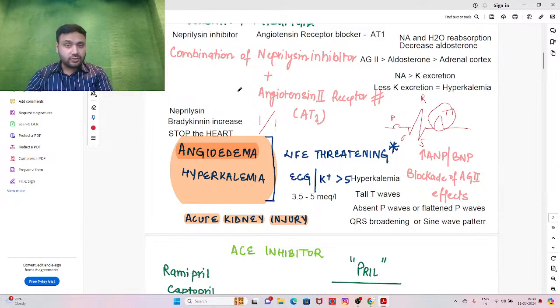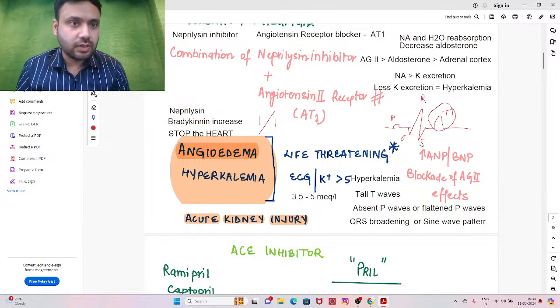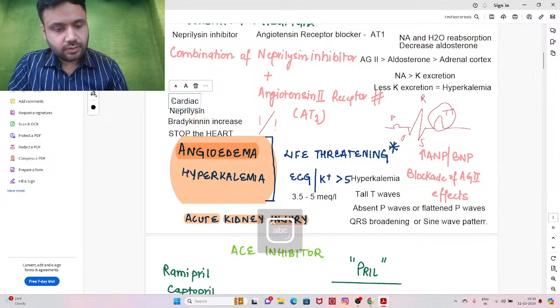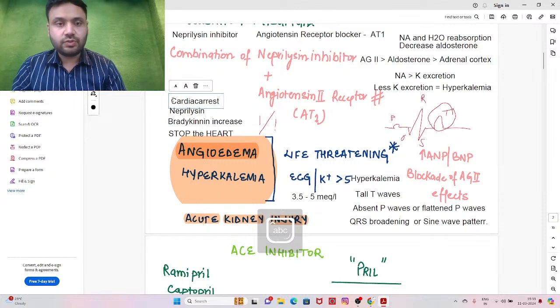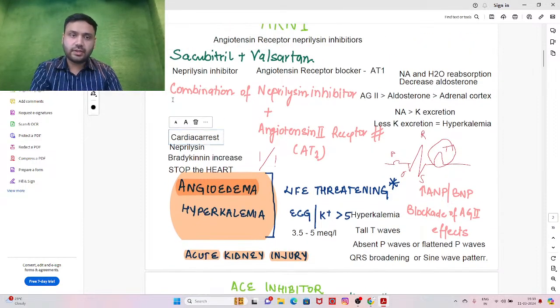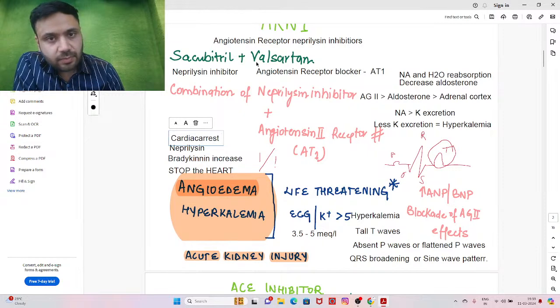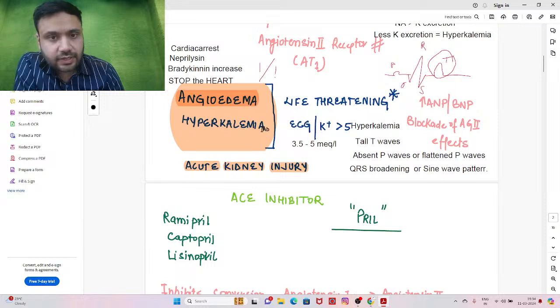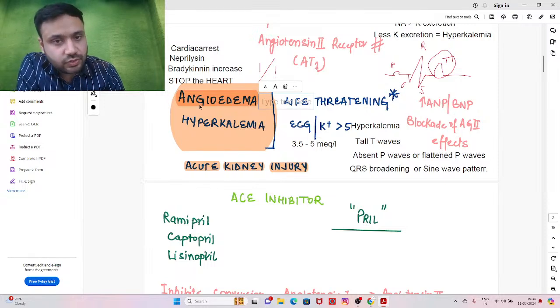And once the heart has stopped, it can lead to cardiac arrest. So it is important to make sure that a patient who is taking sacubitril plus valsartan is monitored for hyperkalemia and angioedema, because both of these are life threatening.